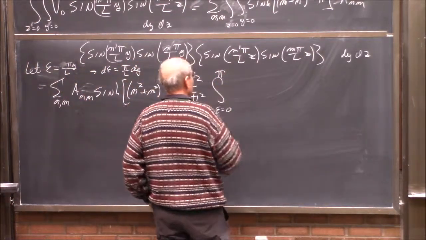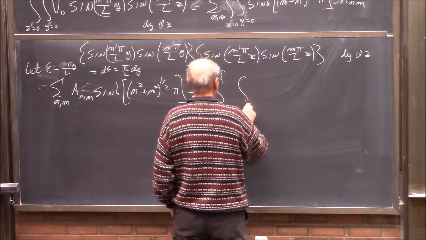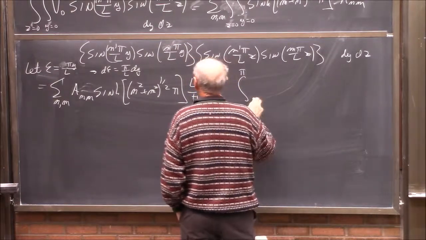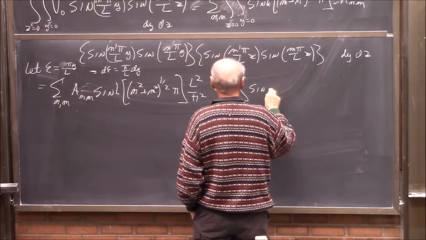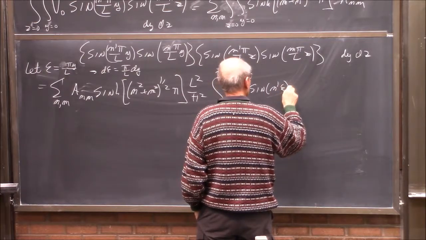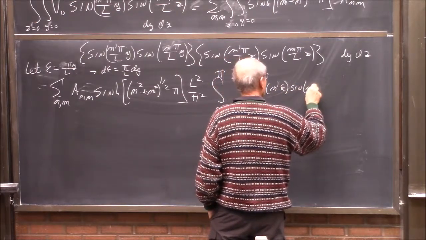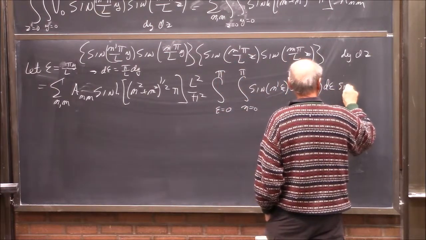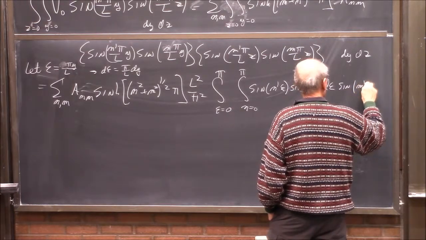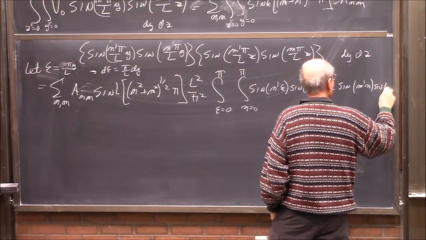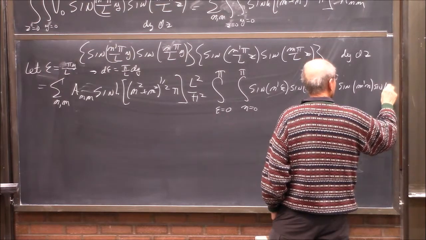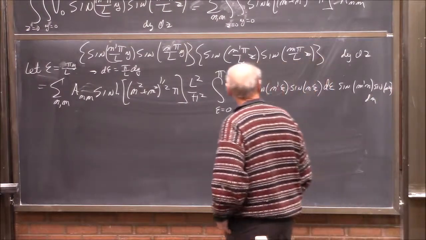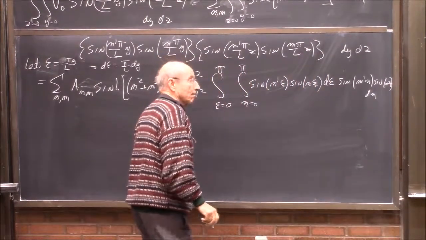So, 0 to pi, integral something else, 0 to pi, times sine n prime squiggle, sine n squiggle, d squiggle, sine m prime, sine m squiggle, that. Okay with everybody?